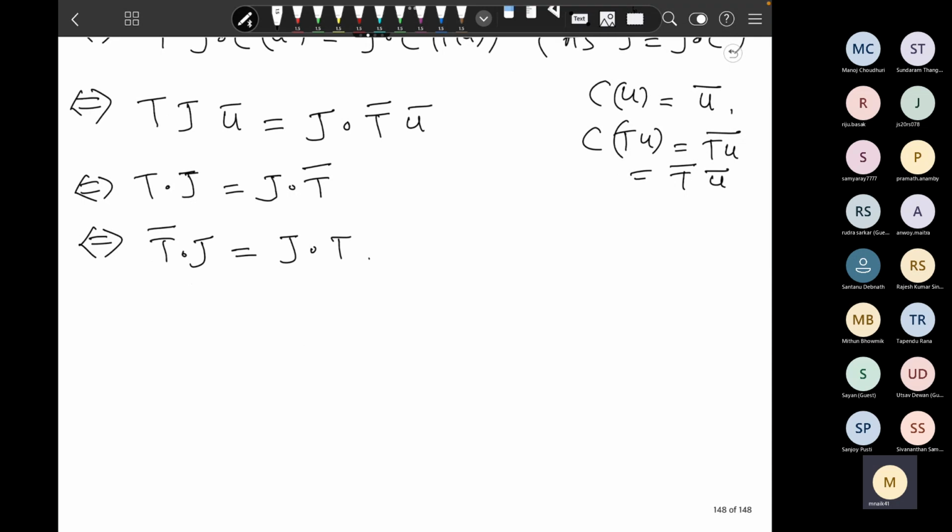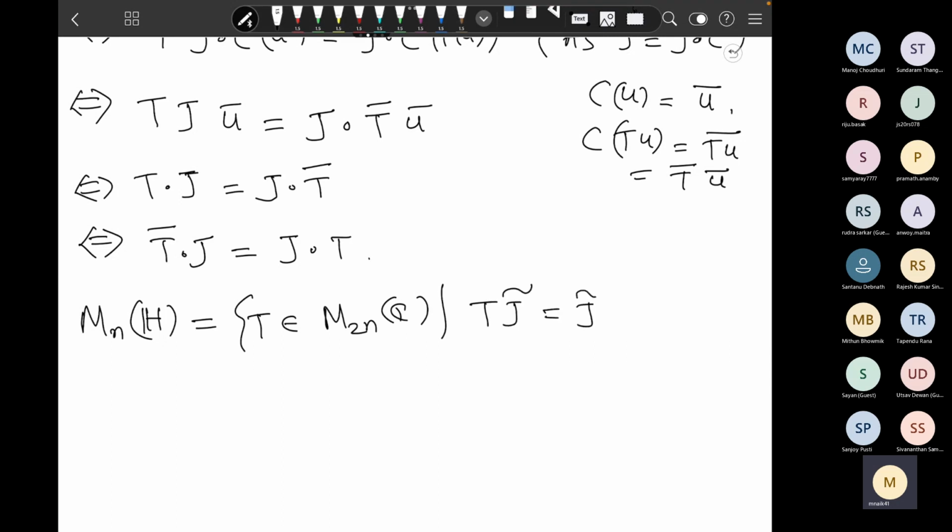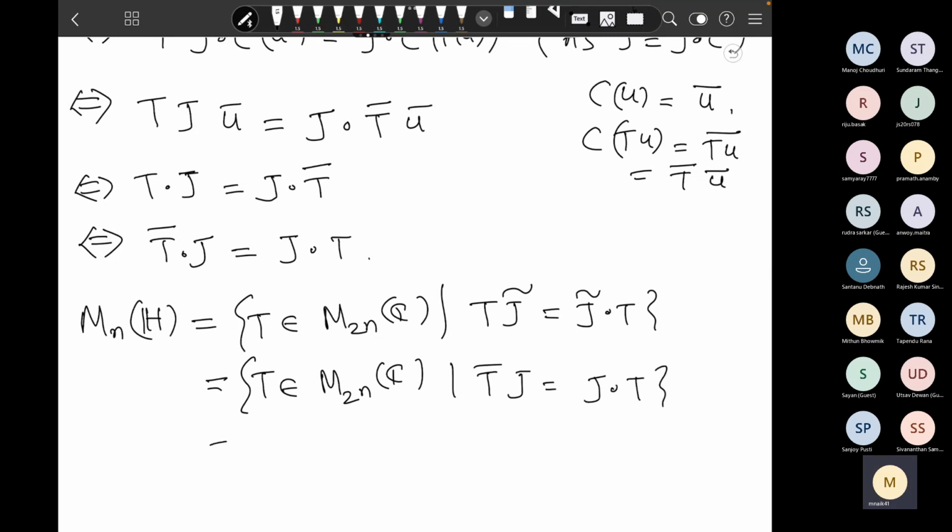Now I will write this MnH in this new form. MnH is equal to T belongs to M2n(C), so that T J tilde is equal to J tilde T. This is the same thing as T belongs to M2n(C), so that T bar J is equal to J composition T. And don't confuse this capital J with small j.